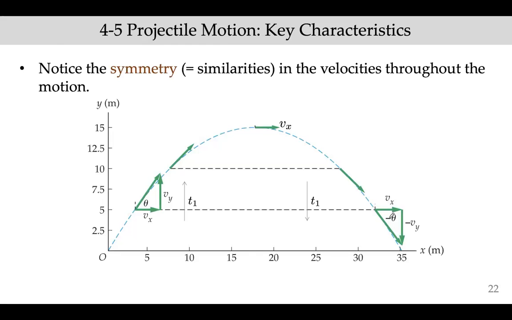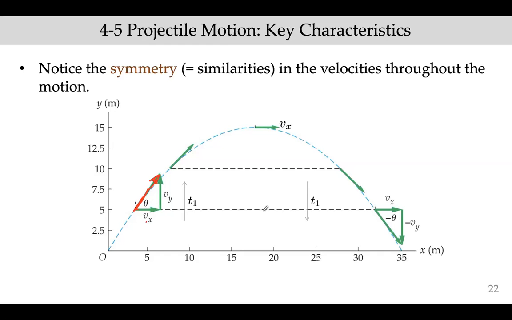Okay, so now let's talk about symmetries. In physics, symmetry means similarities. So notice the symmetry in the velocities throughout the motion. Let's say the velocity here is like this, so it has a certain angle and certain x and y components.